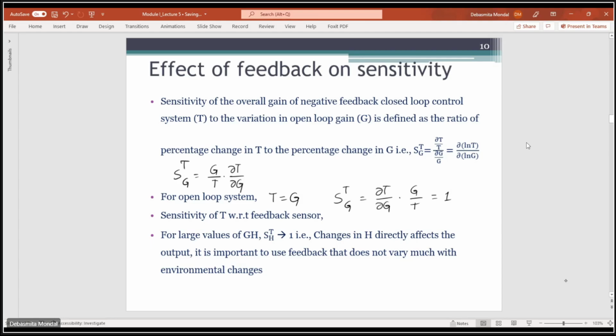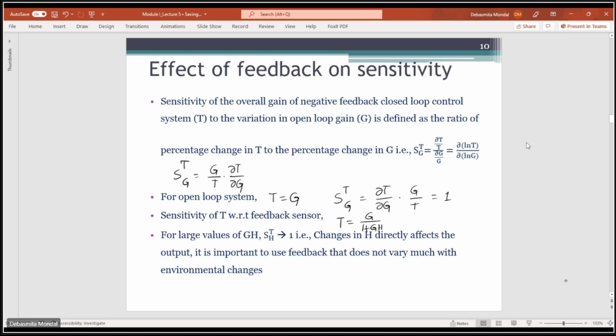So this is the case for an open loop system. Now let us consider the closed loop case. In a closed loop system, the value of T will be given by G by 1 plus GH.